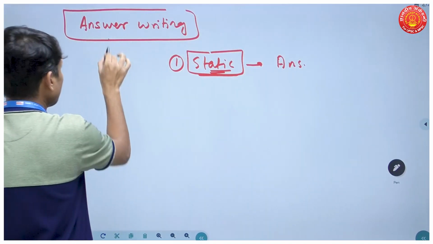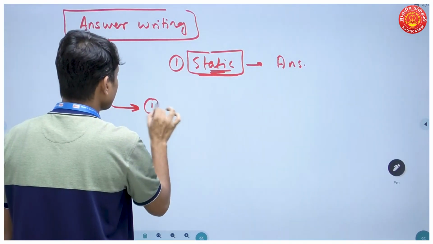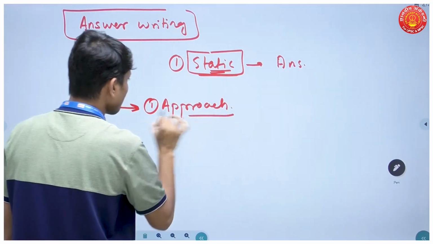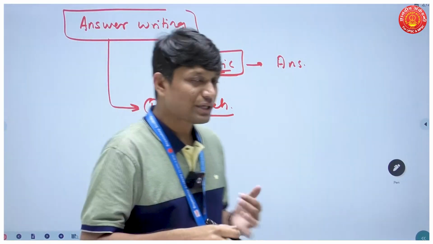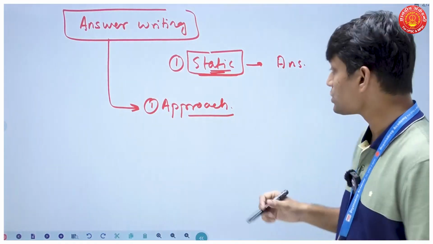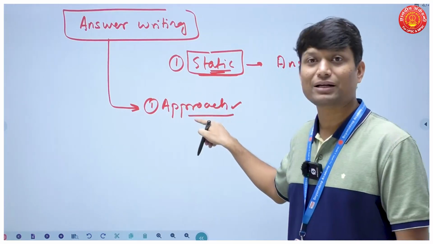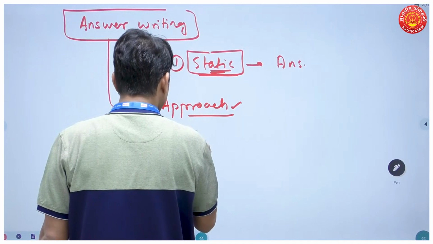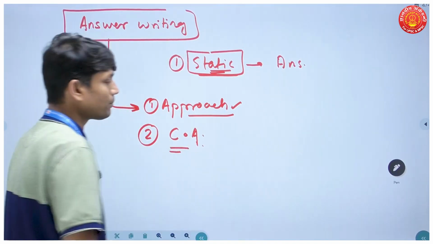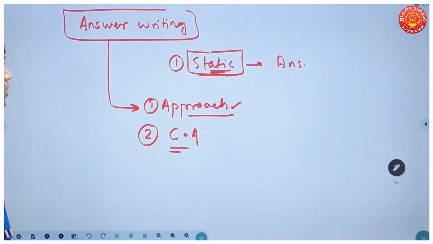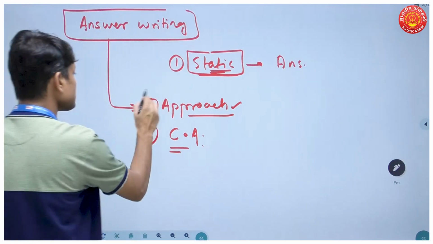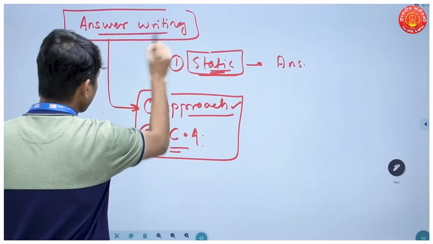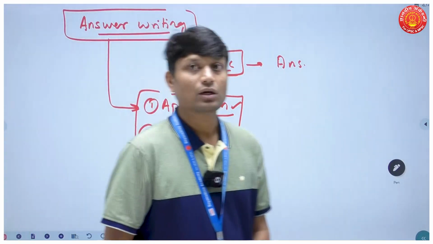Now when we do value addition in answer writing, we will try to introduce new approaches. We will try to understand the various methods or approaches with which answers can be written. We will also introduce current affairs for those particular approaches, questions or topics. So with this exercise, you will also have some value addition in your answer writing.